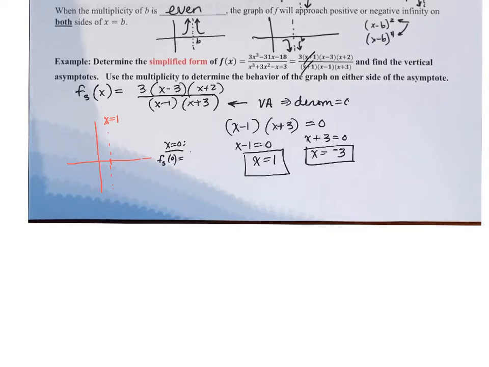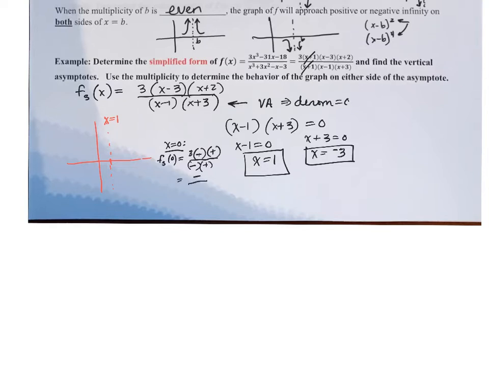So that means I'll have 3 times (0 minus 3), which is negative. All I care about is the sign. 0 plus 2 is positive, divided by 0 minus 1, which is negative, times 0 plus 3, which is positive. So in the numerator, 3 is positive, times a negative number times a positive number gives a negative number.